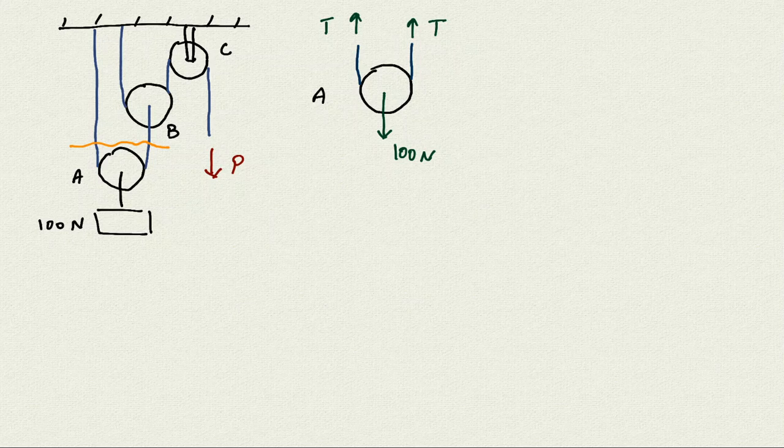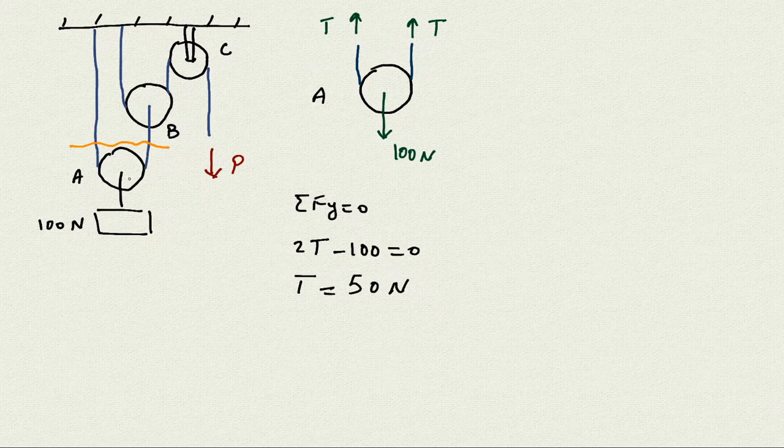So if I write the equilibrium equation for this one, sigma Fy is 0, what I get is that the 2T going upward minus 100 newtons is 0. Therefore, T would be 50 newtons. So T is 50 newtons.